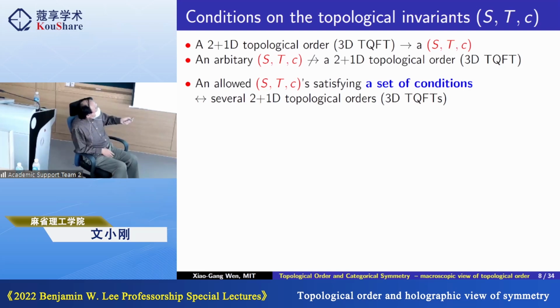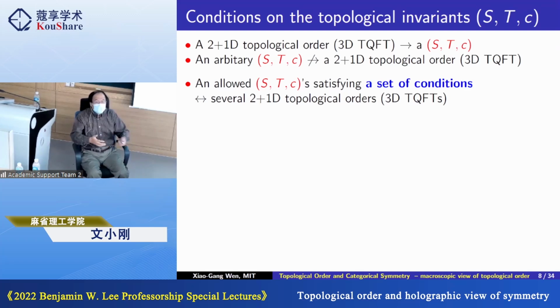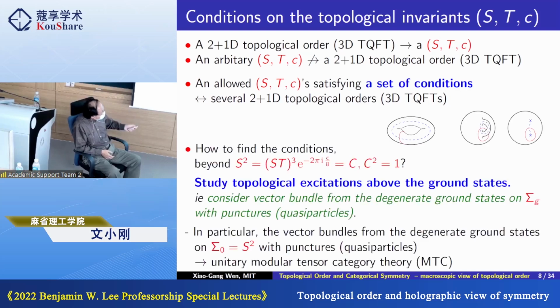So we need to find more conditions to restrict the allowed STC. We hope to find enough conditions so that STC satisfying them always corresponds to a topological order. But maybe not just one, maybe several, because STC is not full data, it's partial data. So the key question is how to find more conditions.